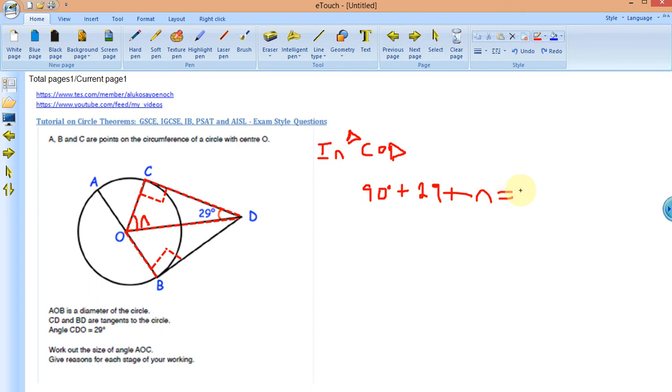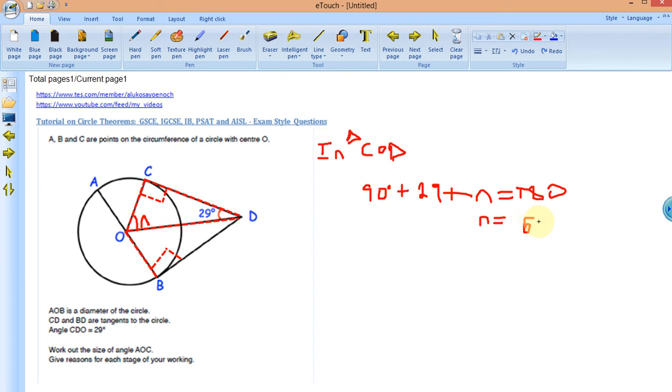So N should be 180 minus the sum of these two. 90 plus 29 is 119. So 180 minus 119 is 61.